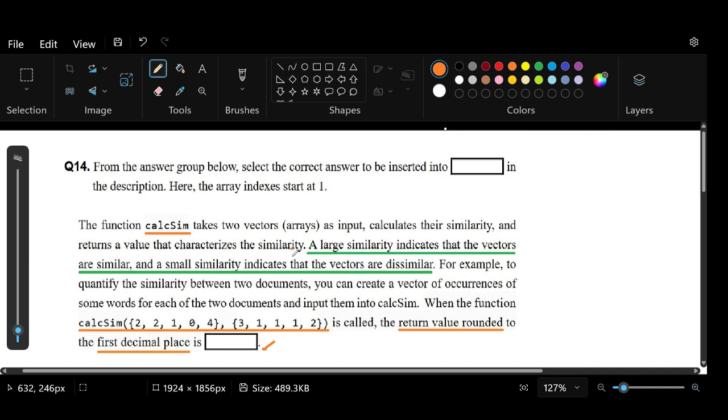From this description, we can understand that we are going to work on a calcsim function that checks for similarity between two vectors. I think to better understand this, let's look at the program.